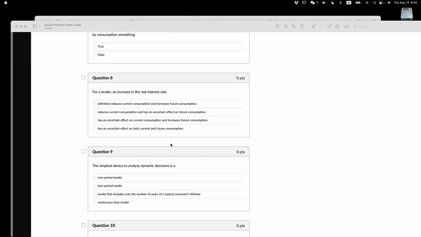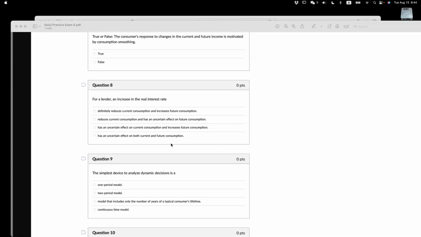Question 8: for a lender, an increase in the real interest rate, the answer is C, has an uncertain effect on current consumption and increases future consumption. Why is that? For a lender, when the real interest rate increases, it has an impact on lifetime wealth.